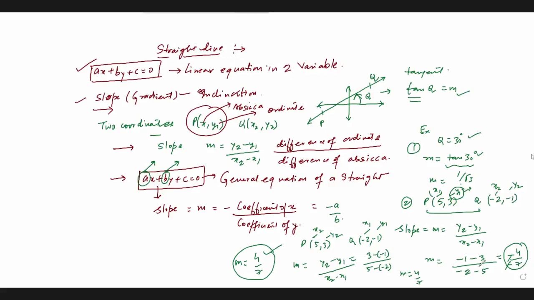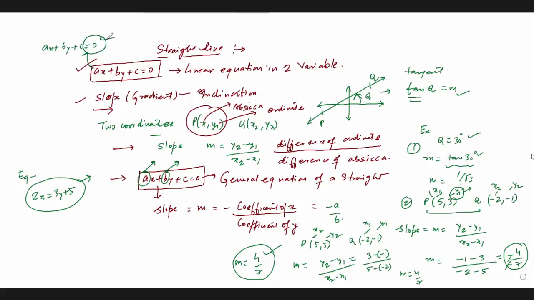Now, the third way: if an equation has been given to you, suppose 2x equals 3y plus 5. This is also an equation of a straight line. But I told you that the general equation of a straight line is ax plus by plus c equals 0.